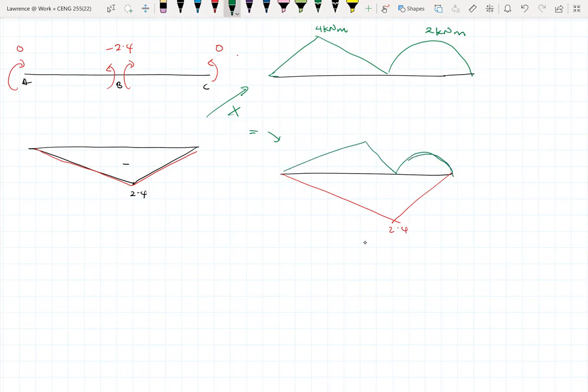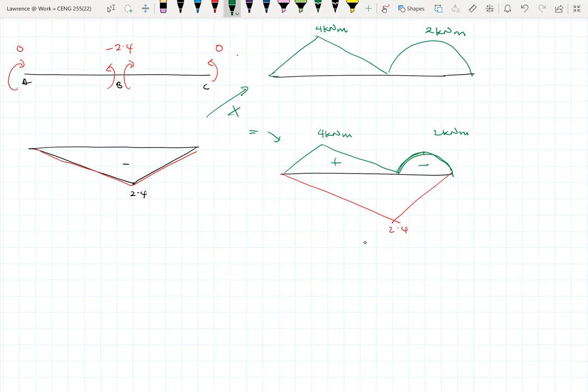So this is what we have. This is 4 kilonewton meter, and this is 2 kilonewton meter. So this is acting at the center. This is not well drawn. Okay, this is better. Okay, yeah. But this makes sense. Okay. So this is positive and this is negative.